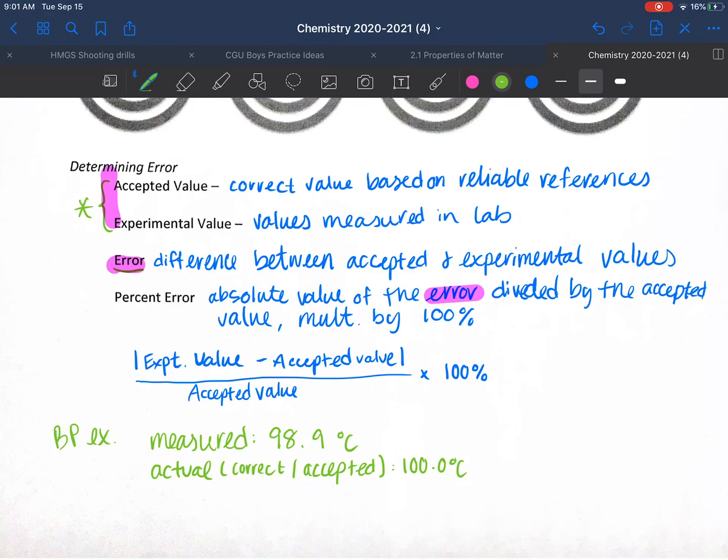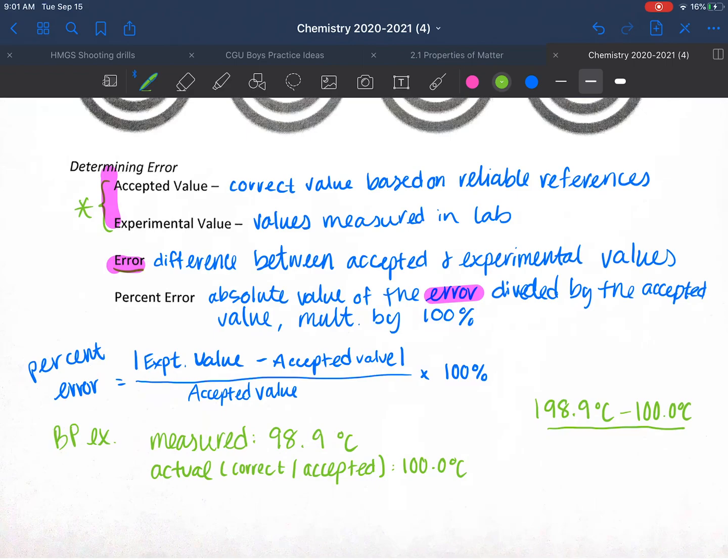So if we plug these values, because these are the only values we need, into the equation here, I'm going to call this equal to percent error. So if we calculate our percent error, we should get our experimental value, which is what we measured in lab, which is 98.9. We're subtracting 100 from it because that's the accepted.